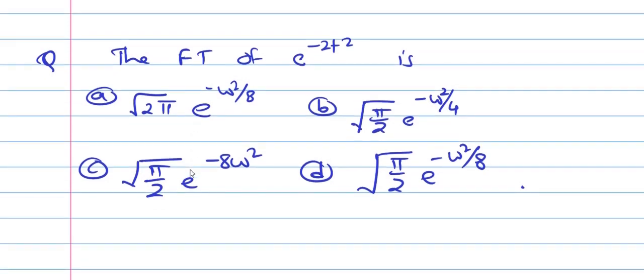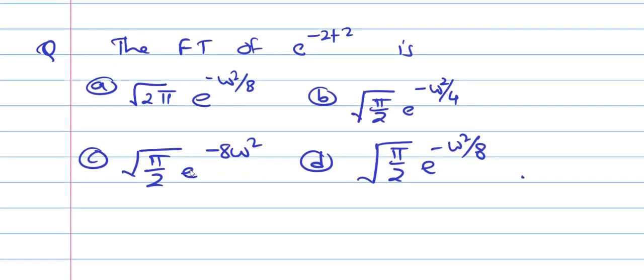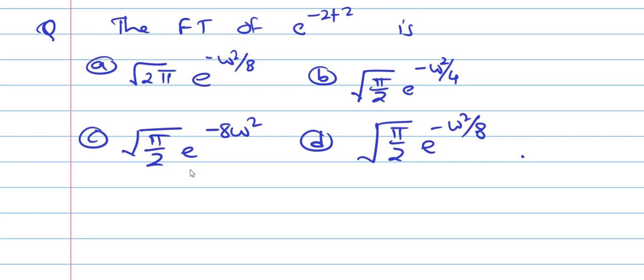Next question. Fourier transform of e raised to power minus 2t square is. Take your time.